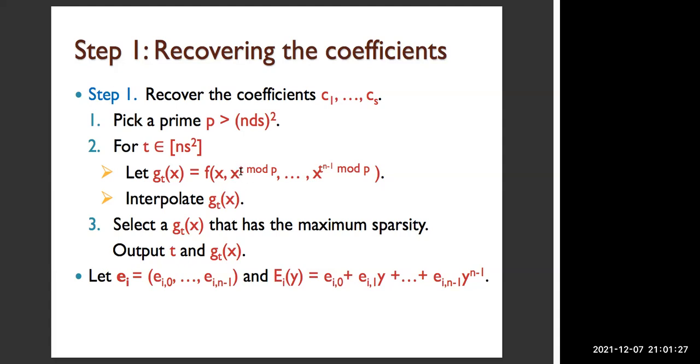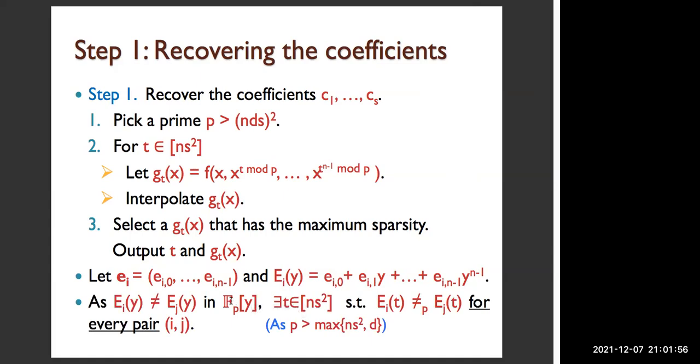Think of any monomial whose exponent vector is e_i. If I forget mod p for the time being, it would look essentially like this with y replaced by t. That particular monomial will have degree exactly E_i(t). So that's why we are defining this univariate polynomial, and let's see why it is interesting.